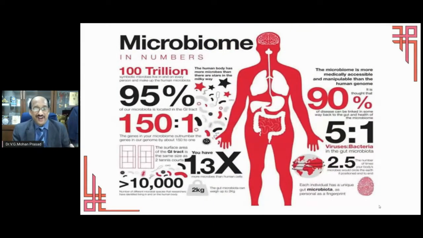This is really a baffling figure: 100 trillion bacteria, and 95% of our microbiota are in the gut, with 150 times the genes of the human genome. So much genetic material is inside our gut, we don't even know about it. And they're medically accessible and manipulable, and the ratio of viruses to bacteria is 5:1. So we don't even know many of the viruses in our gut.